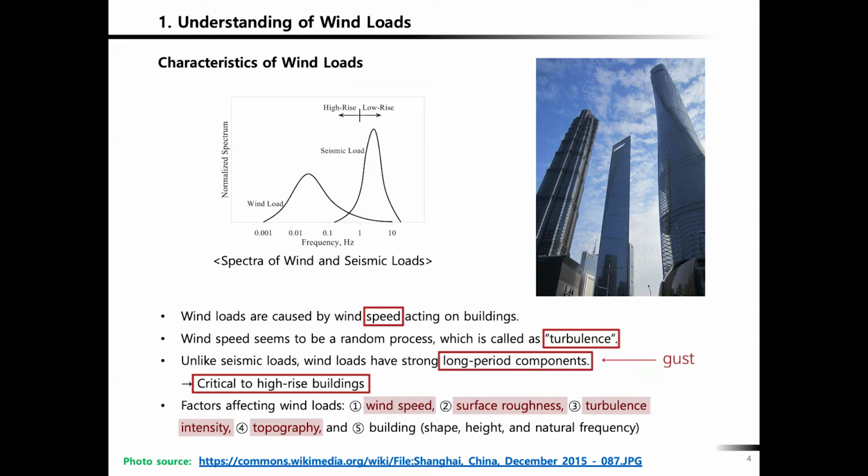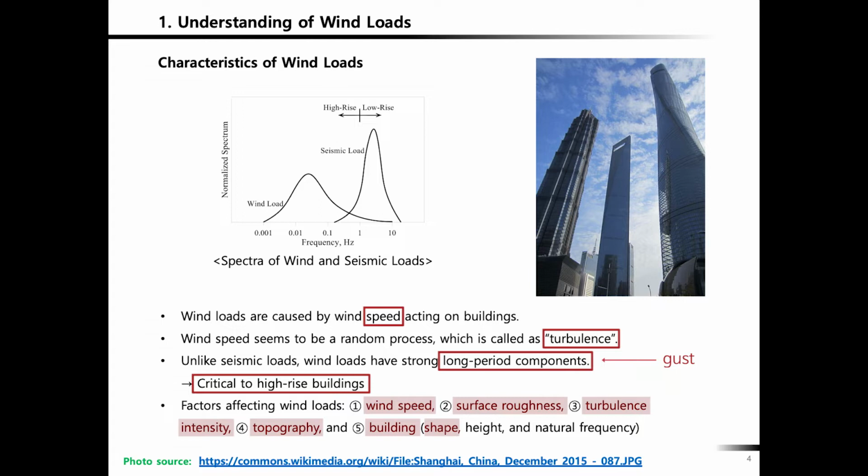And then the building itself. Shape is very important. That's a difference from seismic engineering, earthquake engineering, because this is not structural dynamics, it's more like aerodynamics. If the corner of the building plan is sharp, you're actually creating a lot of wind forces.